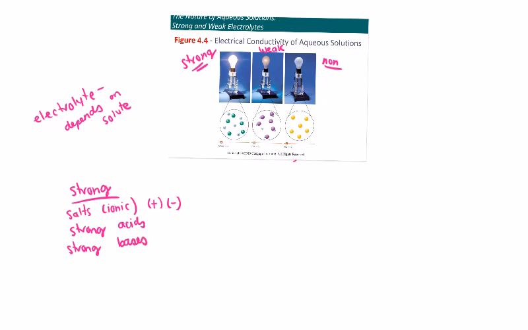Okay, so not every acid is a strong acid. Not every base is a strong base. Okay, so both of these lists that I'm going to put on the slide over here, you've got to memorize. Okay, so a strong acid: hydrochloric acid, hydrobromic acid, hydroiodic acid, nitric acid, chloric acid, perchloric acid, and sulfuric acid.